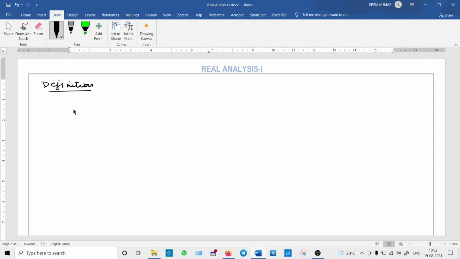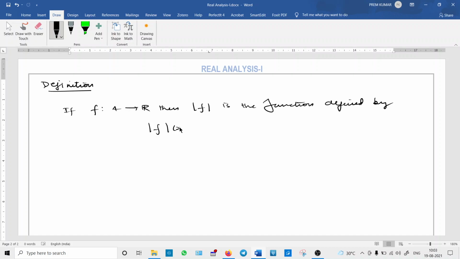The definition. Suppose f is a real valued function, then what is the absolute value of the function f? That one we are going to define. It is the function defined by, what is the absolute value of a function evaluated at x?